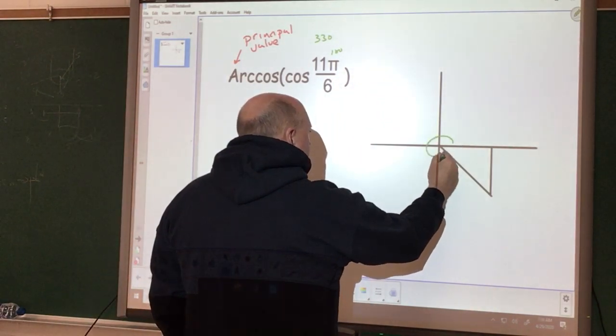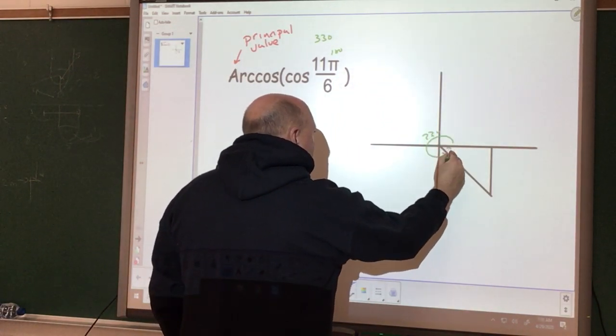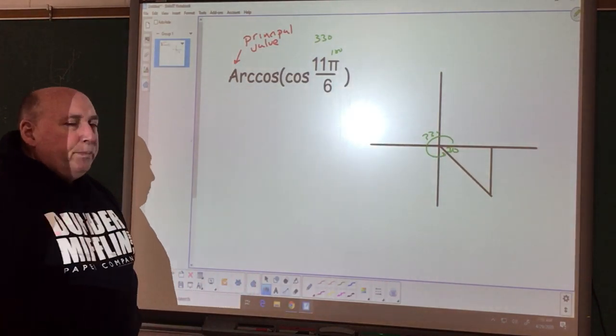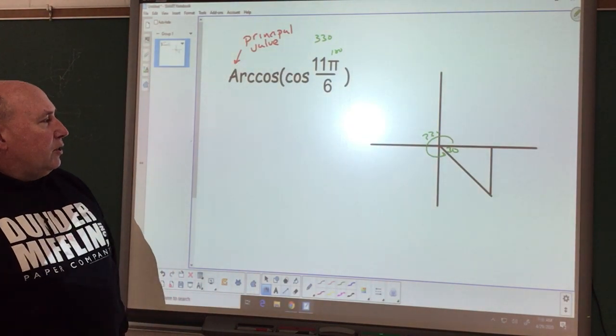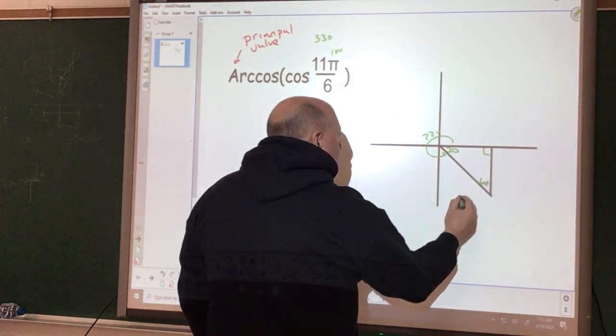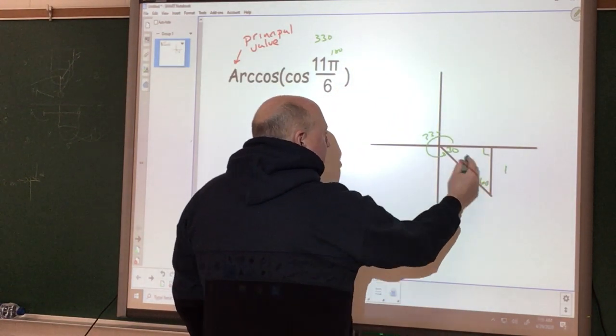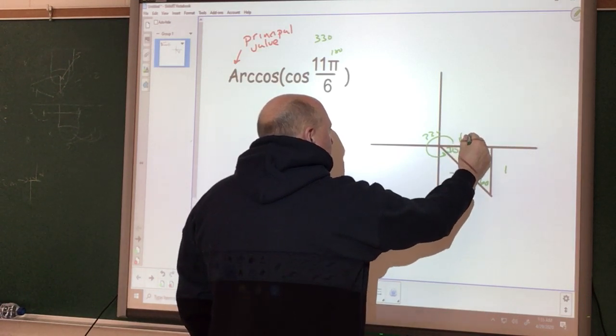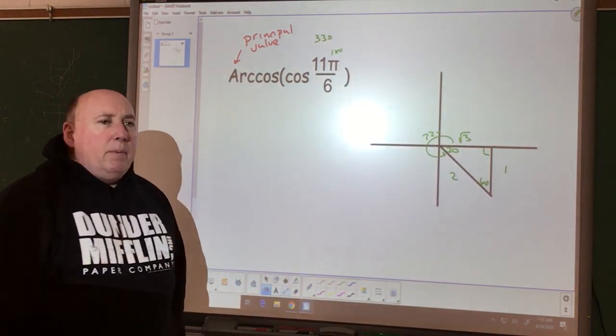We're rotating all the way around 330, which means this is 30 degrees here. If this is 30 degrees, this is 60, here's our right angle. We have our 1 across from the 30, 2 on the hypotenuse, square root of 3 at the top.